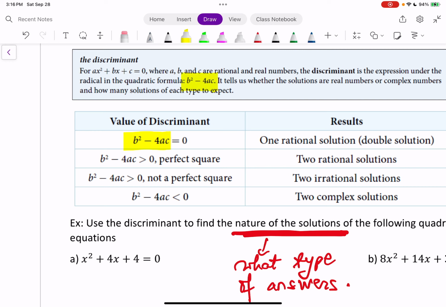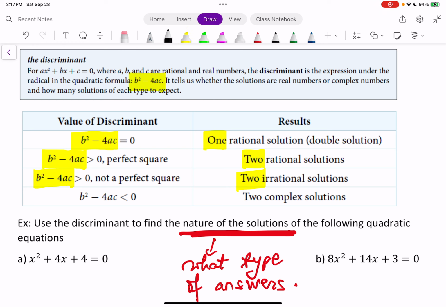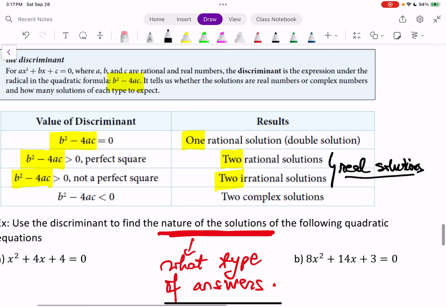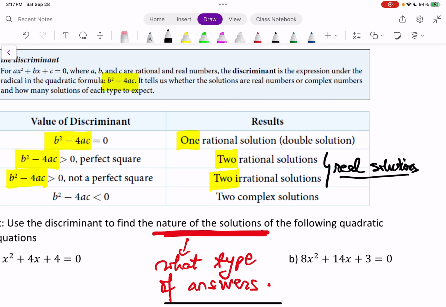If it's 0, we only get one solution. That's actually a rational number. No square roots left. If it's more than 0, if it's positive, then we're going to get two real solutions, rational or irrational, but they're both real solutions. If you remember what we talked about since day one, if you are left with a square root, that makes for an irrational number.